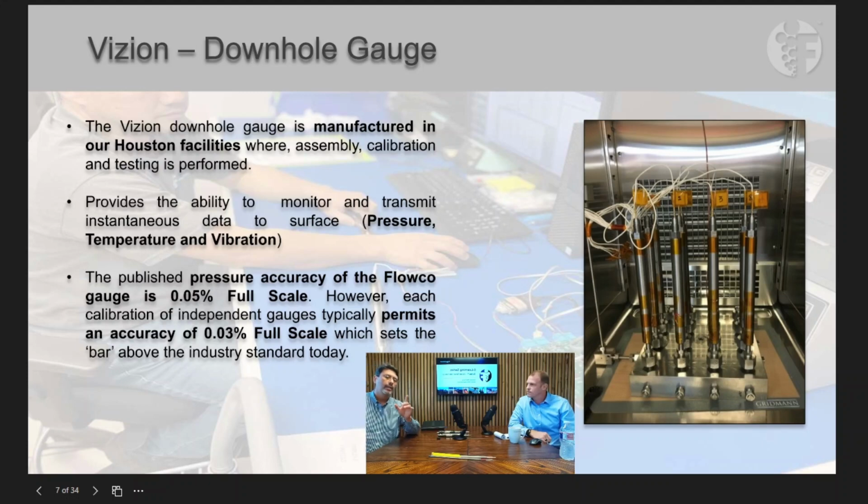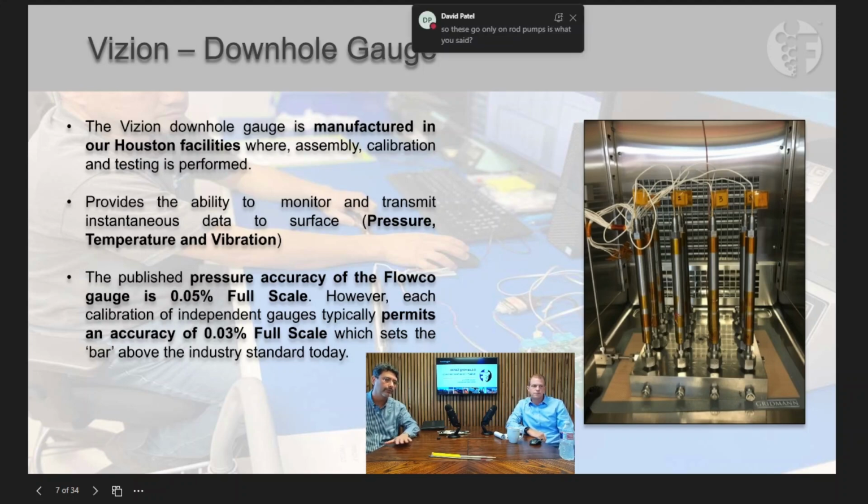Yeah, perfect. Important to mention, we manufacture our Flowco gauge in our Flowco manufacturing plant here in Houston. It's a Flowco design, and we take care of the design, the manufacturing process, calibration process, and calibration validation process. Everything is supervised under Flowco.